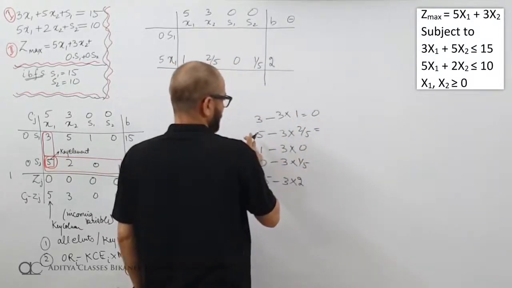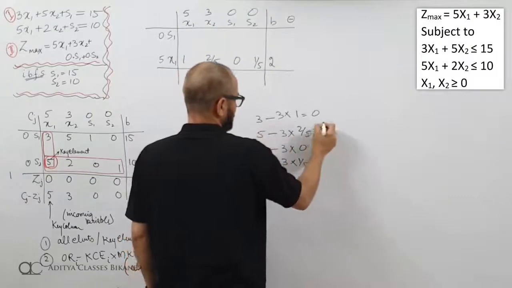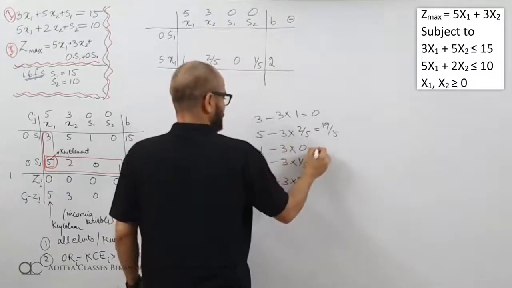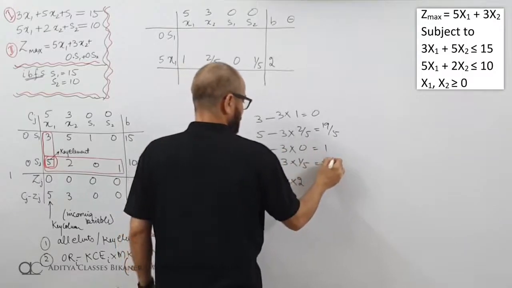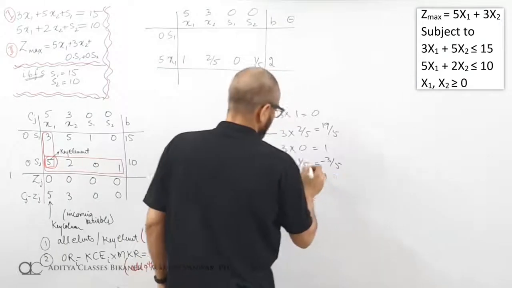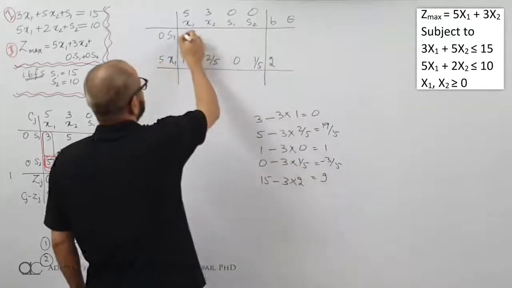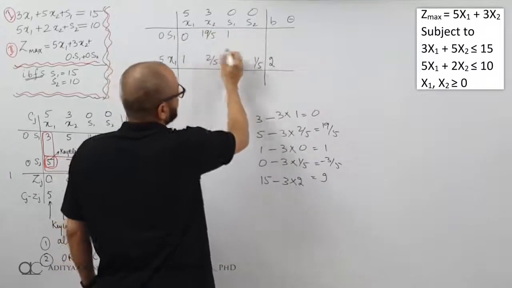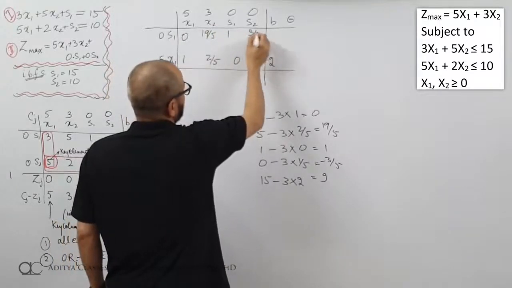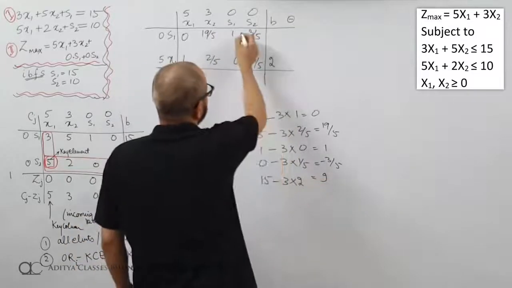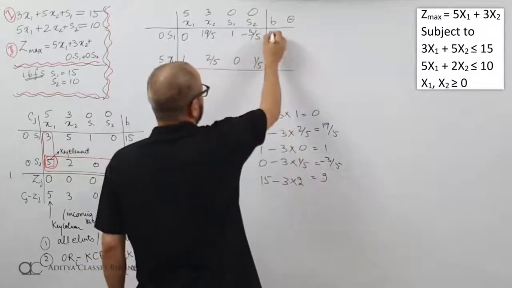Then this would become 25 minus 6, 19 by 5. This is a 1, this is a minus 3 by 5 and this is 15 minus 6, that is a 9. So we get 0, 19 by 5, 1, minus 3 by 5 and a 9.